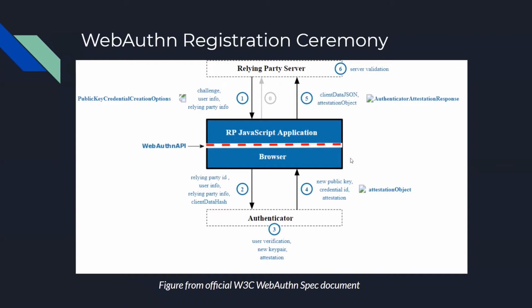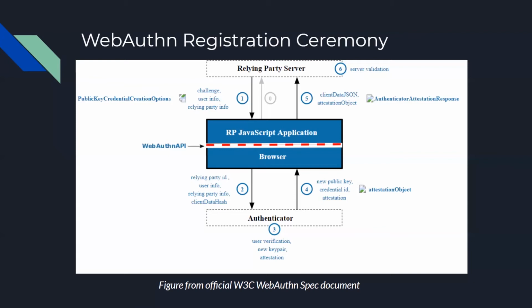The registration ceremony begins by the client requesting the server, or the relying party. In this case, the correct nomenclature for the server is the relying party. The client requests a specific challenge and certain information like what sort of public key algorithms do you support, etc. So the server responds with a challenge.